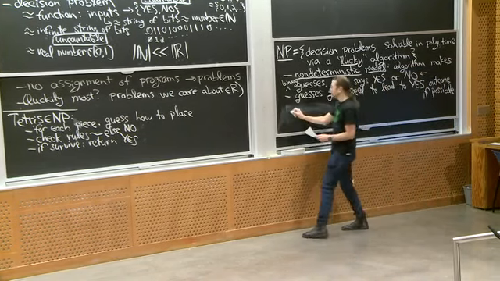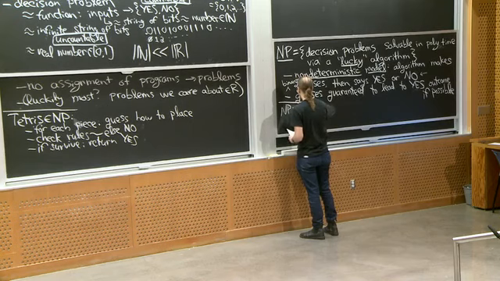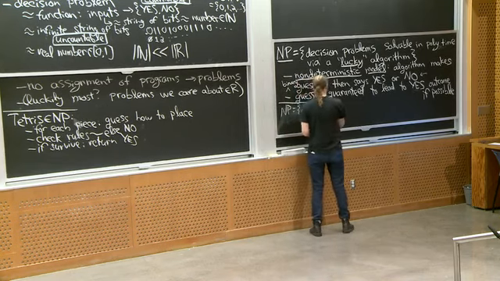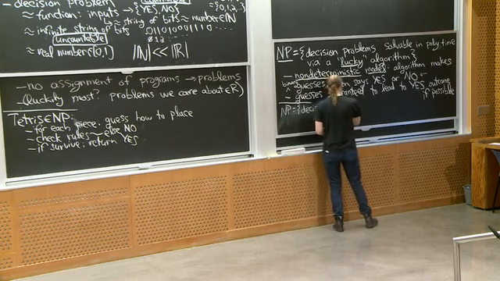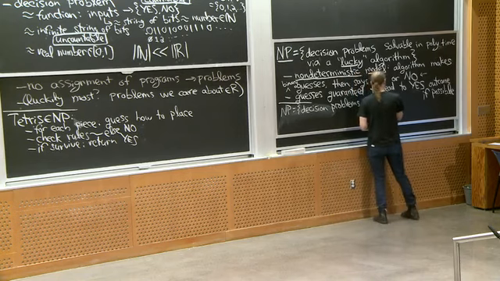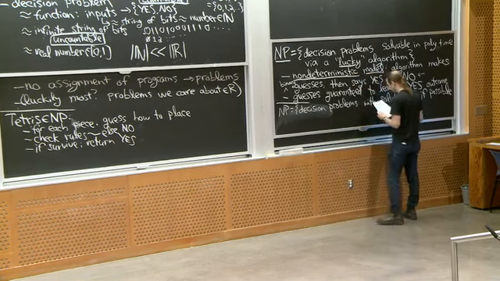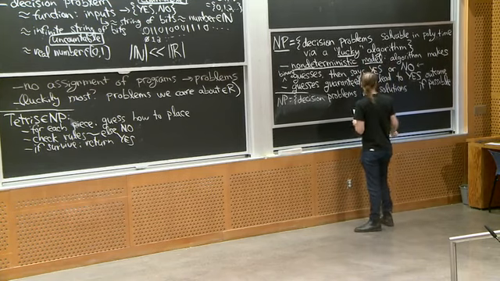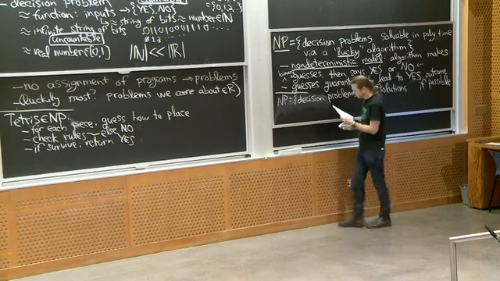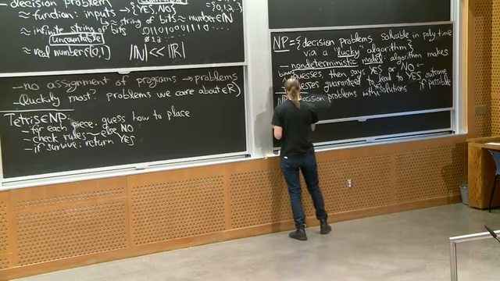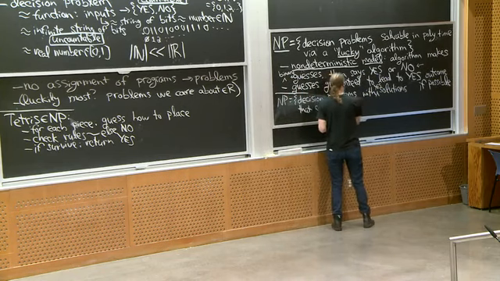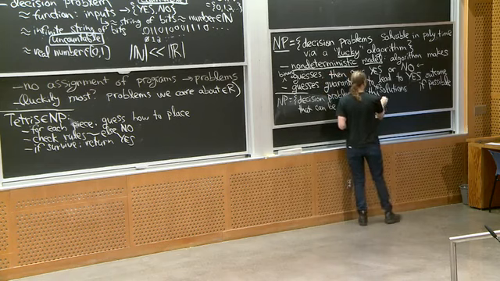So the other definition is that NP is a set of decision problems that can be checked in polynomial time.